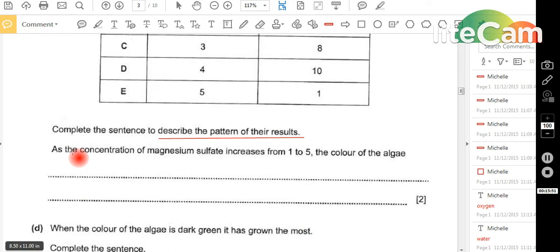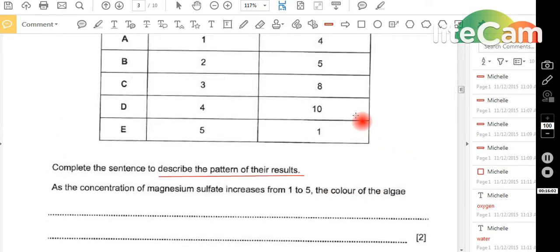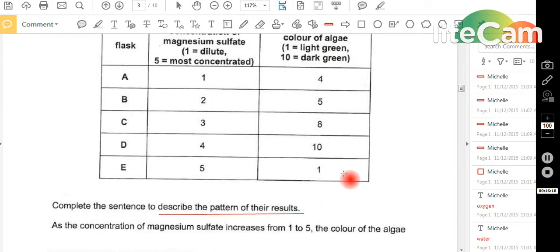Okay. As the concentration of magnesium sulfate increases from 1 to 5, the color of the algae, what's going to happen to it? It's getting darker, yes. But can you see that this is for 2 marks? Okay, that would only give you 1 mark because you haven't finished describing the results.